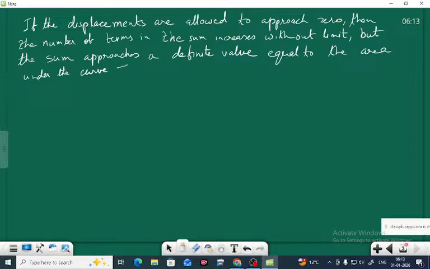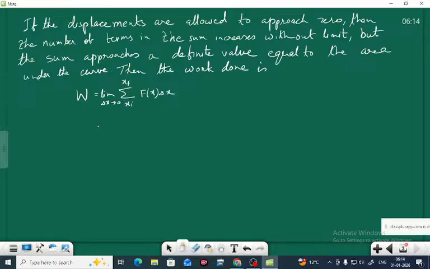Then the work done is W is equal to summation of limit del x tends to 0 Fx del x, and it varies from xi initial to x final.